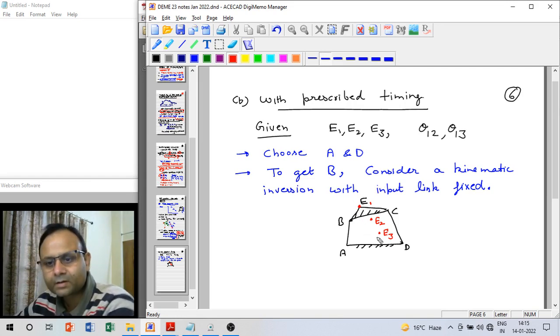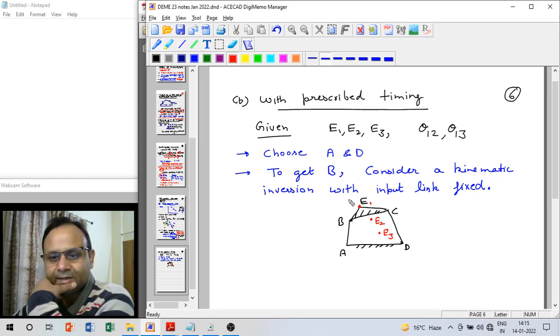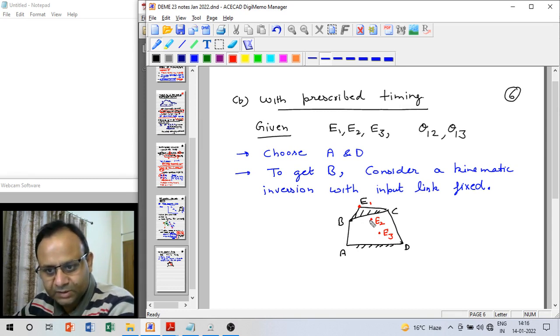Now if we consider an inversion in which input is fixed, how to get point B then? See, this point E2 comes by theta 1 2 rotation of the crank, of the input link, because when there is theta 1 2 rotation of this, you get point E2.